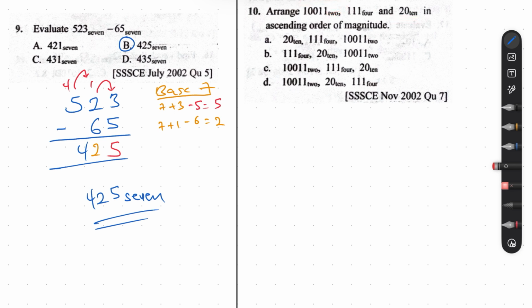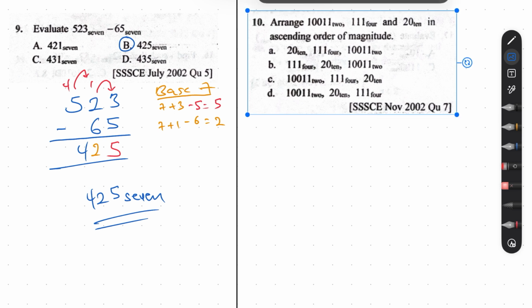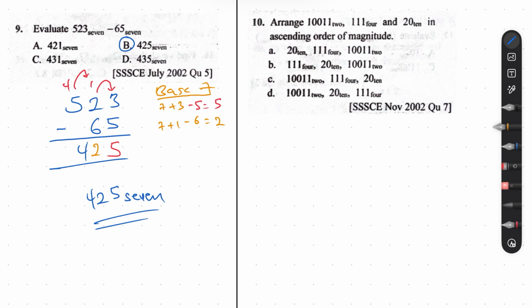Let's start with this base 2 number. We convert it to base 10, and we know how to do that, right? First, we label the digits. Then we multiply the digits with the base raised to the position of the digit.